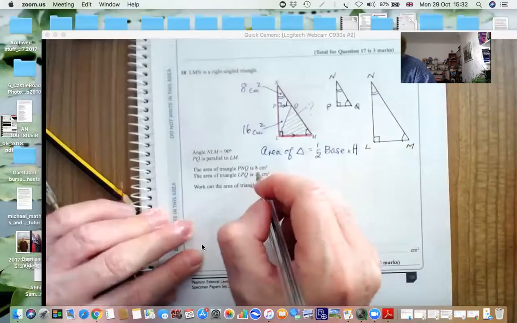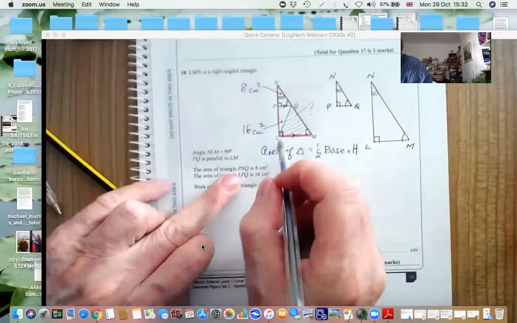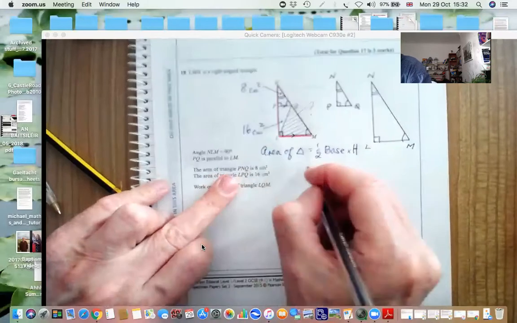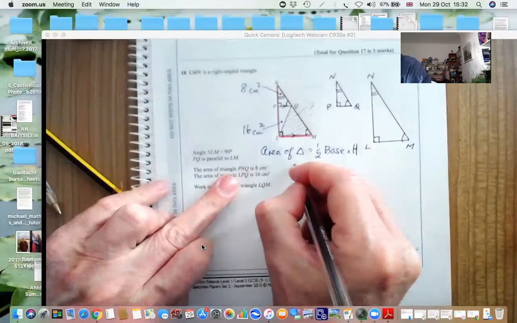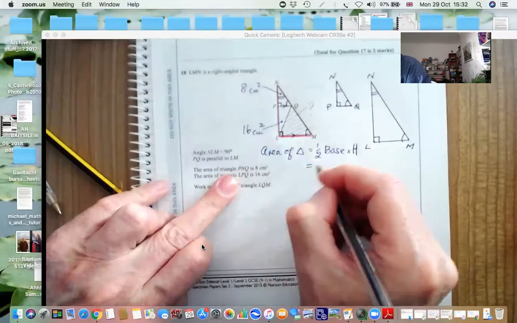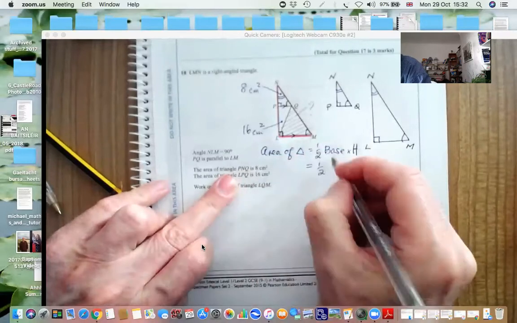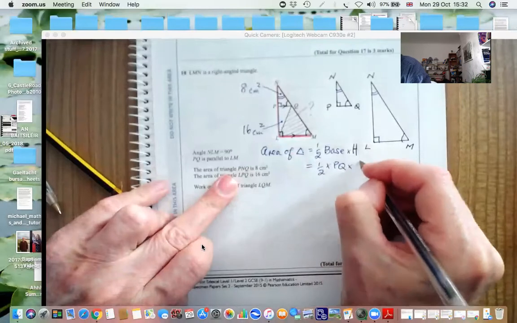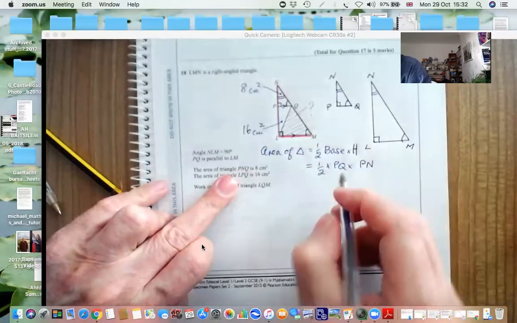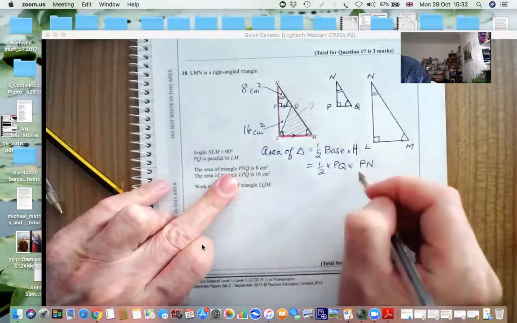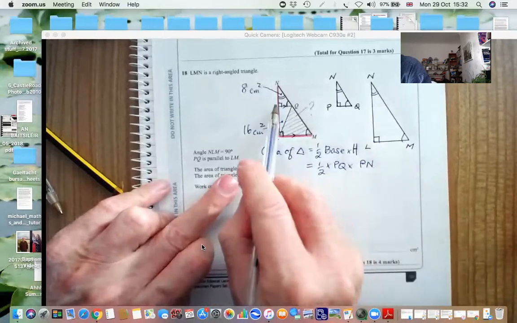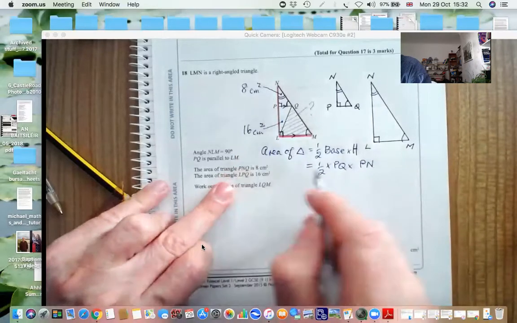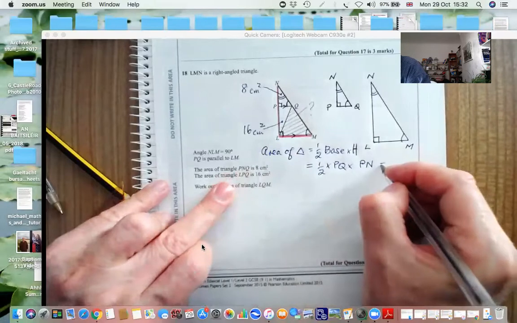In the case of PNQ, so that's 8, so that's going to be 1/2. We'd call the base PQ if you like, PQ times the height of it, which is PN. And it has to, of course, be the perpendicular height. And that's exactly what we have there in PN. PN is the perpendicular height. And we're told that that is 8.